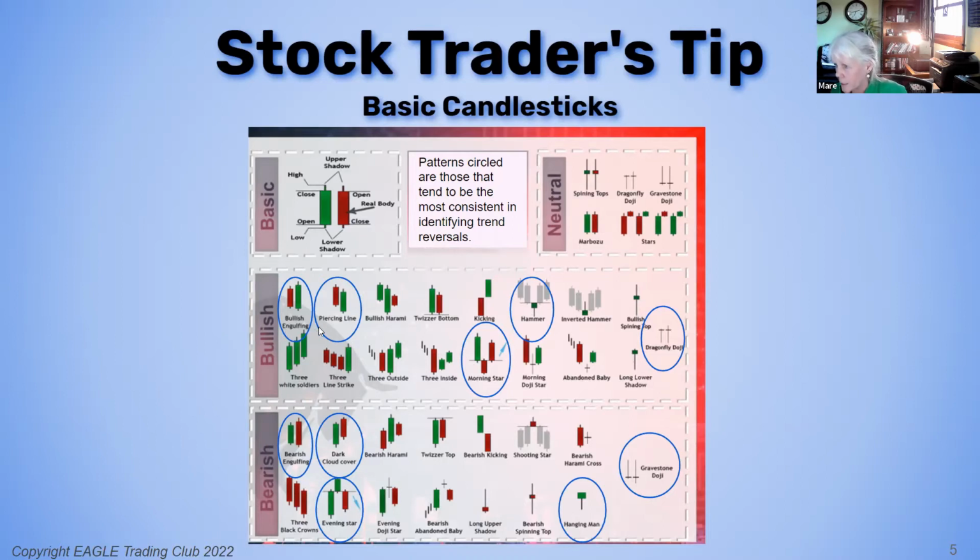So we've got bullish: piercing line, morning star, hammer, dragonfly doji. Those are all when the stock is in an upward trend. Then we've got bearish: engulfing, dark cloud cover, evening star, hanging man, and gravestone doji. And those are all when the price is going down.